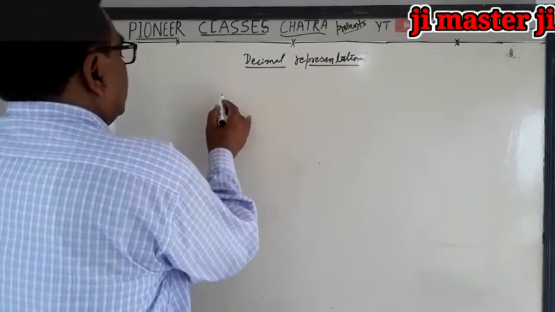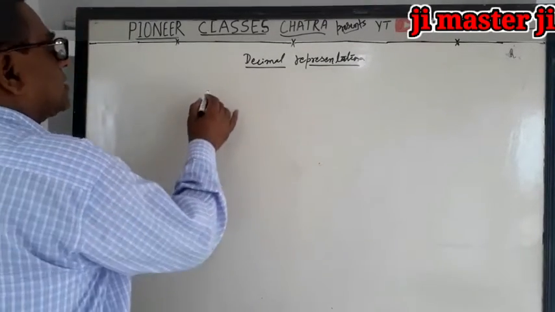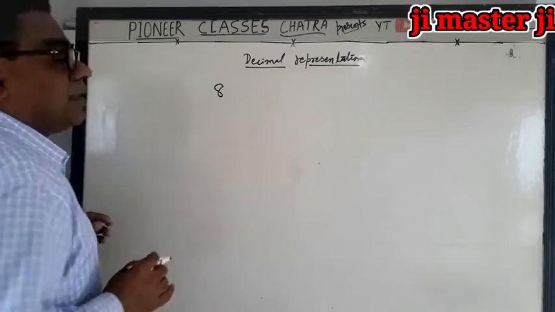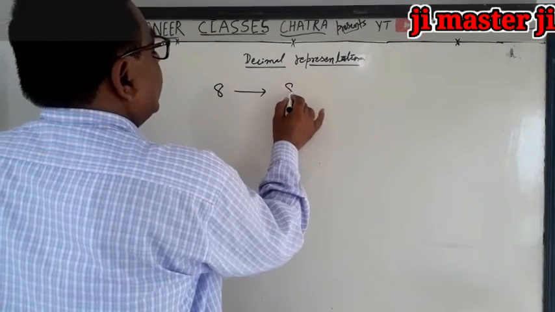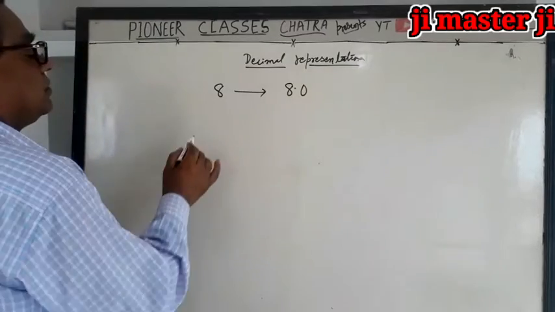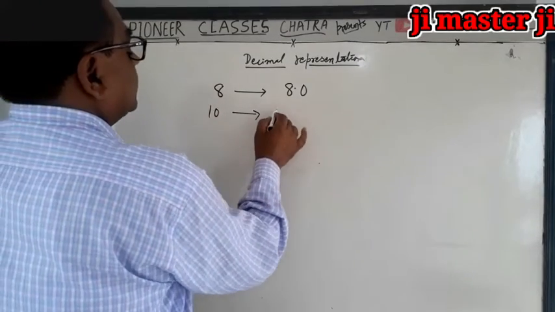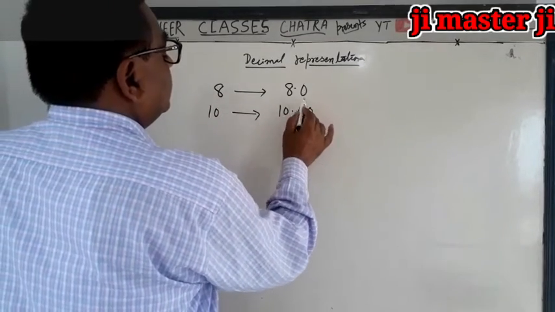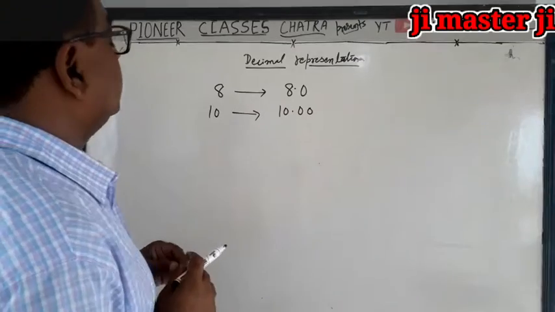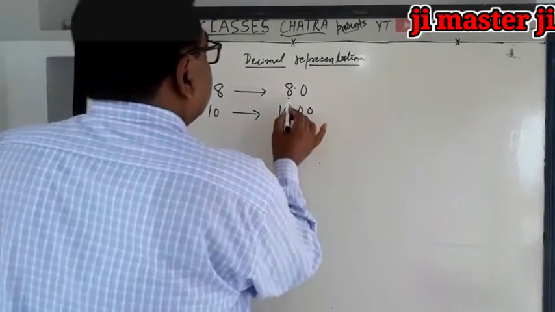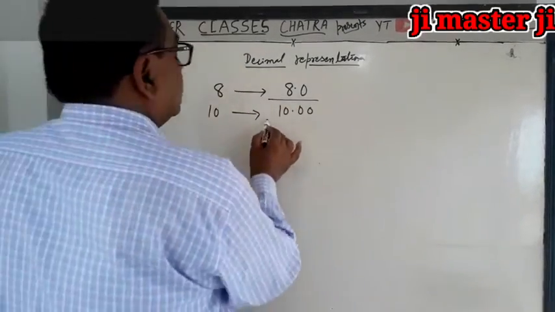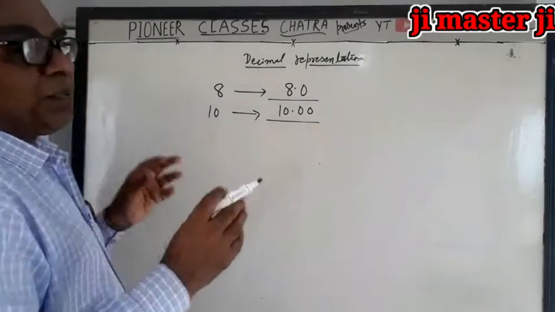So any number, let us take 8 for an example. 8 can be written as 8.0. 10 is written as 10.00, etc. In this representation, we find two parts.